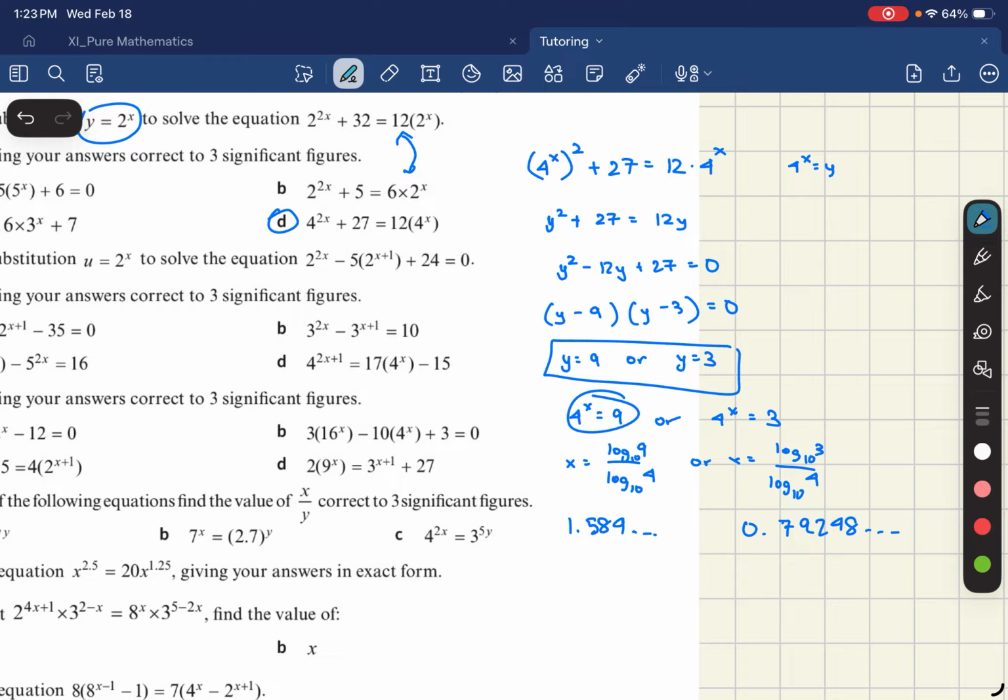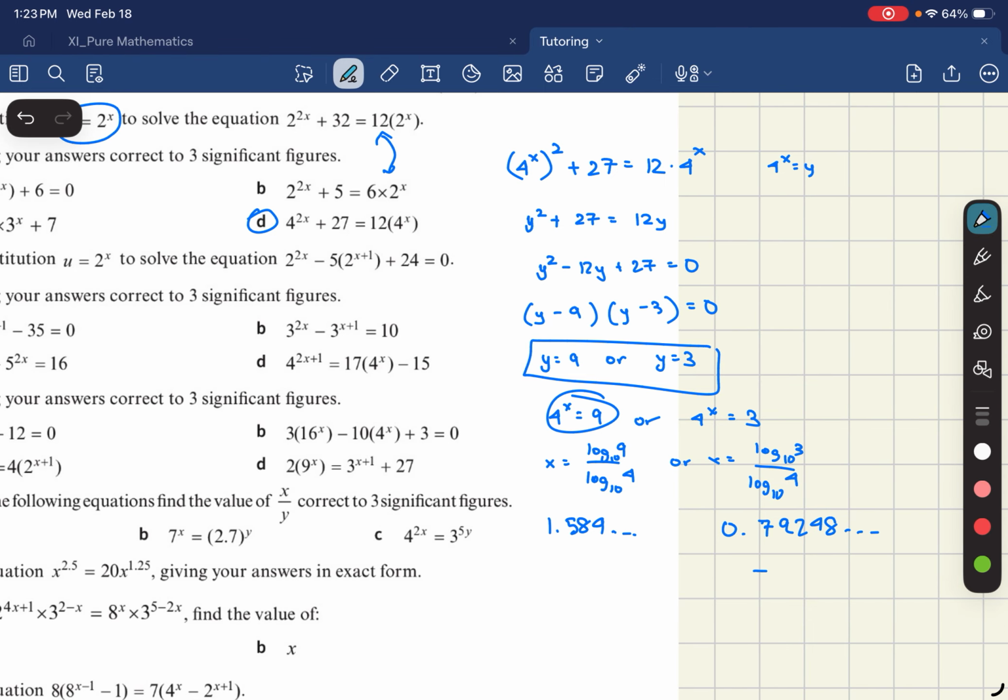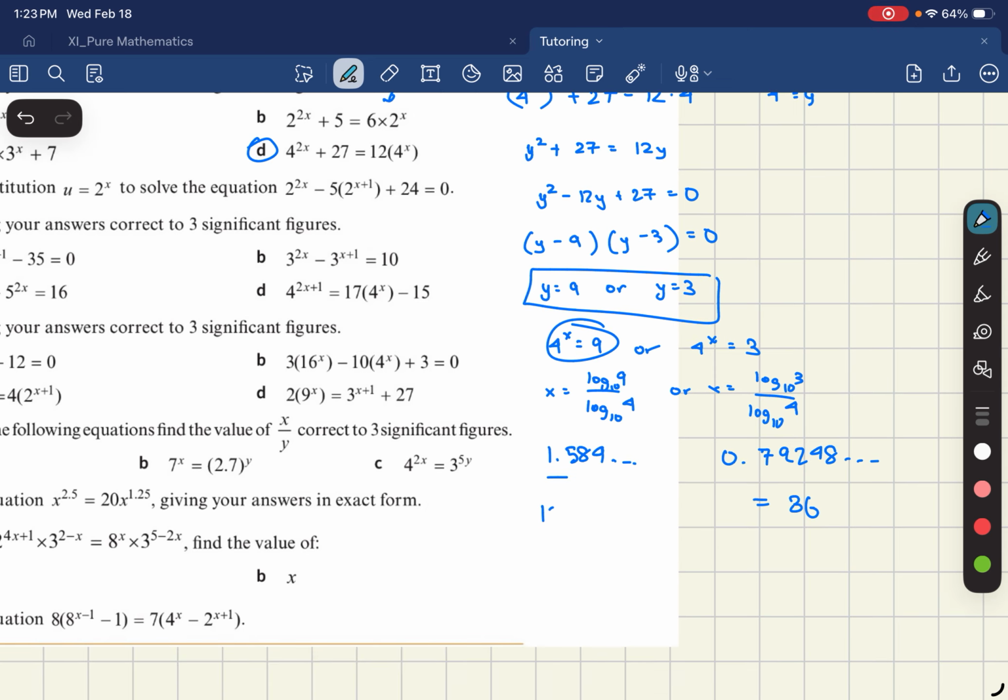So 4 to the power 2 times your answer plus 27. If you substitute this value, you get 36 on both sides. And if you substitute the other value, you get 108 on both sides.